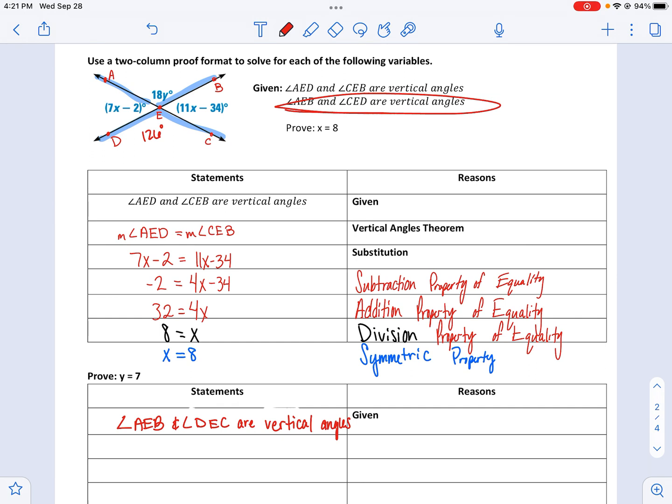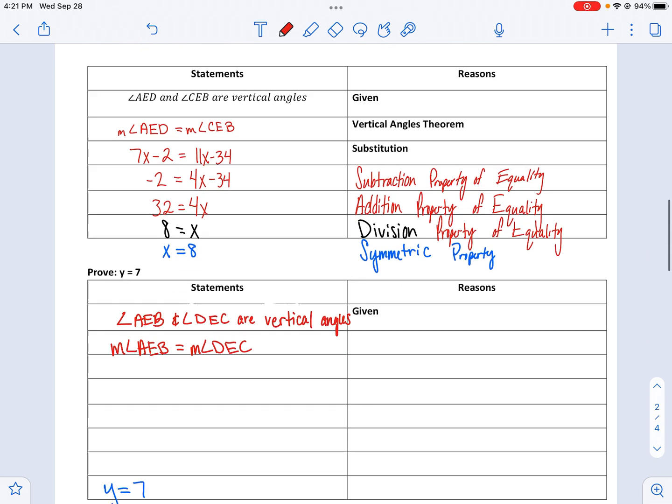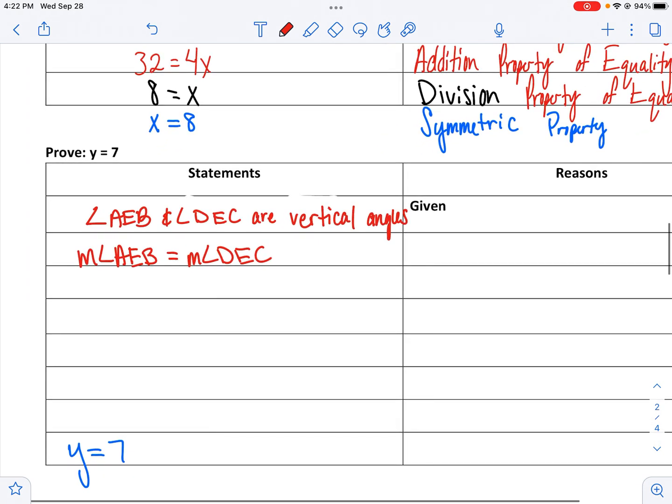And now I know they're vertical angles. I know that vertical angles have a very specific relationship. I know that if they're vertical, then they should be equal. And I know that by the vertical angles theorem.